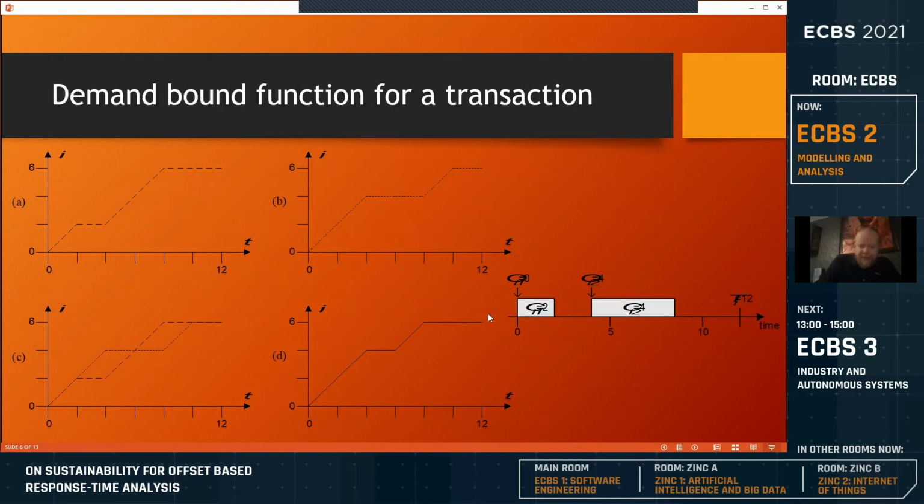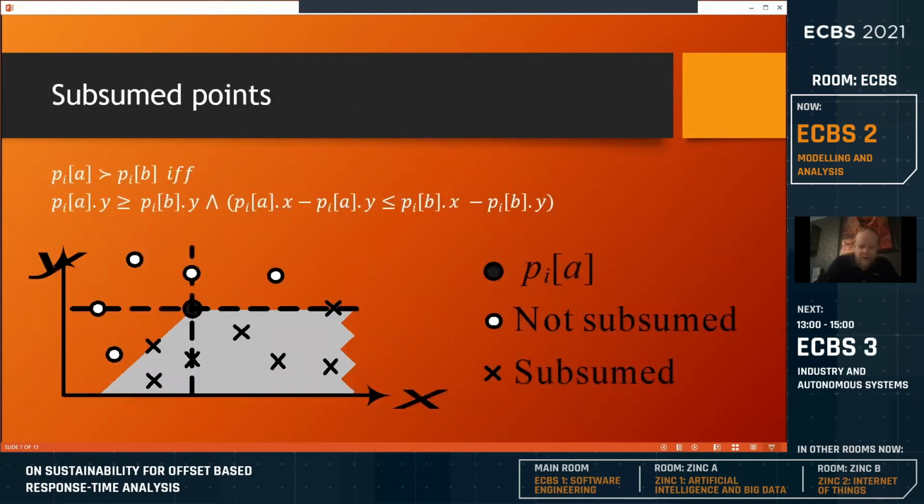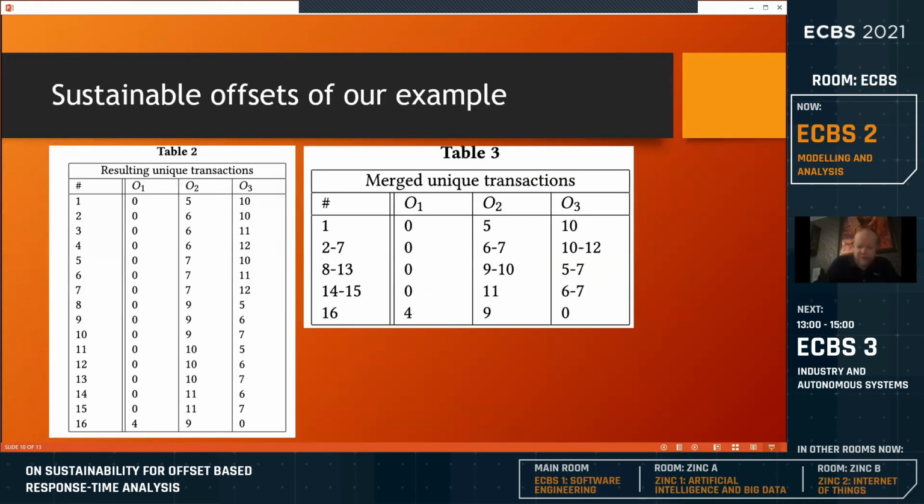we have an execution demand of this transaction. Let's assume that this task is the one that coincides with the critical instant. Then we see that we have 2 units of execution.